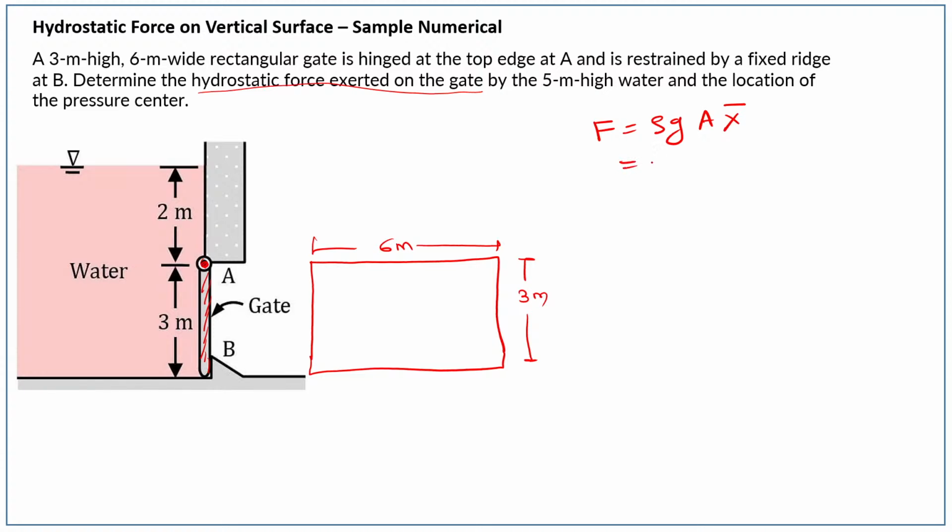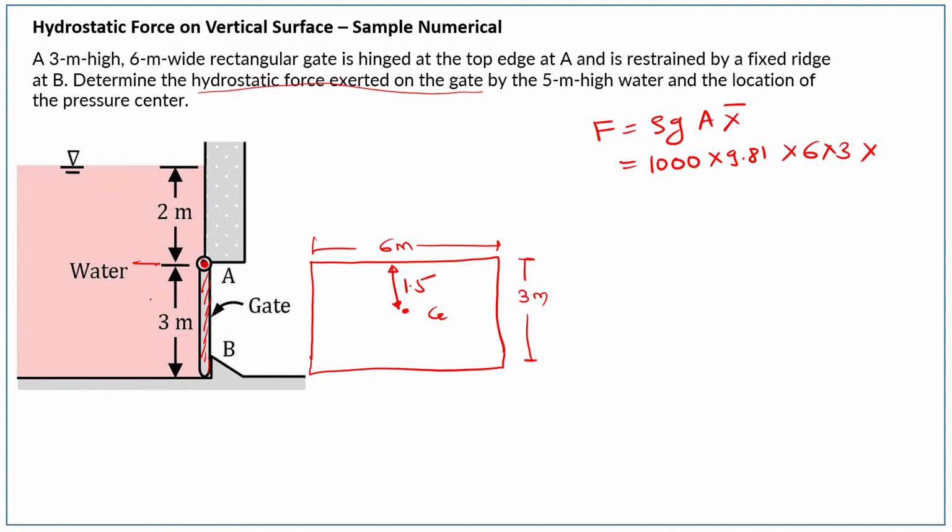Since it is water, rho is 1000, g is 9.81, area is 6 into 3, and for x bar you need the centroid. For a rectangular plate, the centroid will be somewhere here, and this distance will be 1.5. Remember, x bar is the distance from the free surface of the liquid.